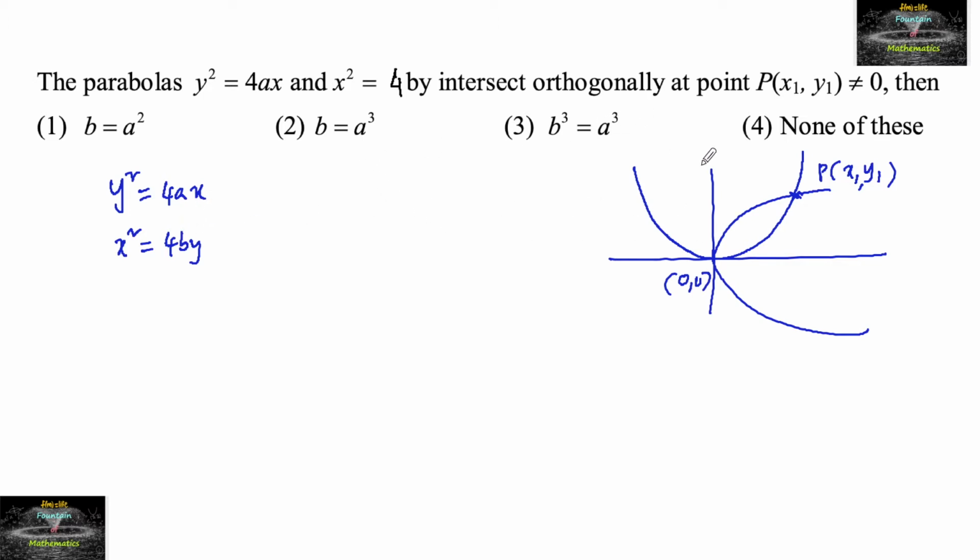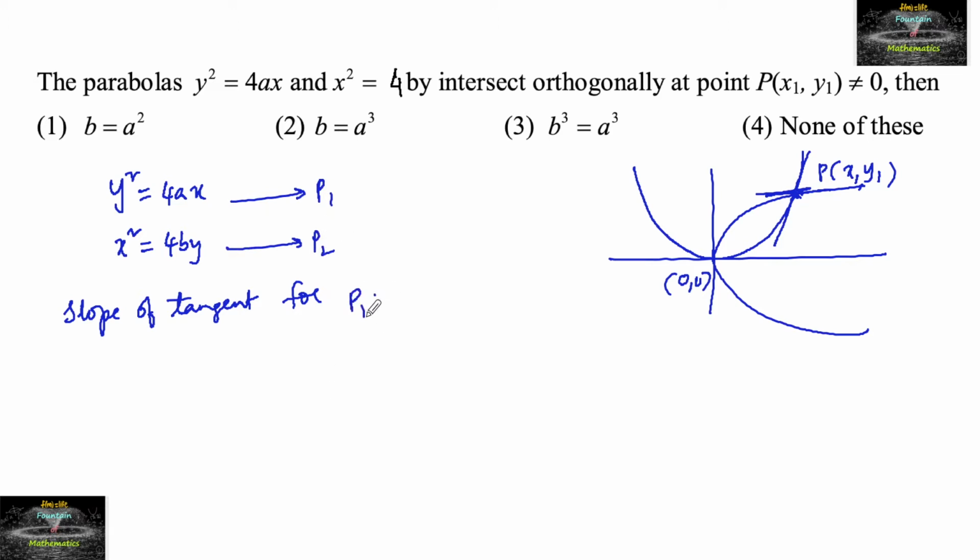And they are intersecting orthogonally, means the tangents are perpendicular. So let's find first the slope of tangent. Say this is parabola P1 and this is P2.